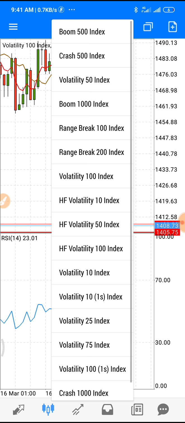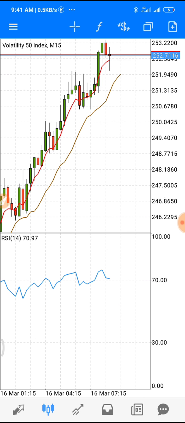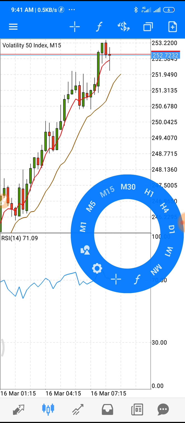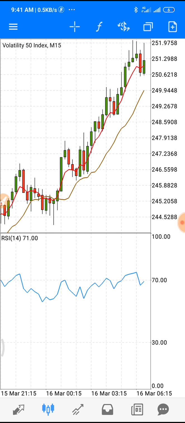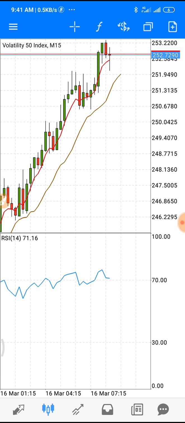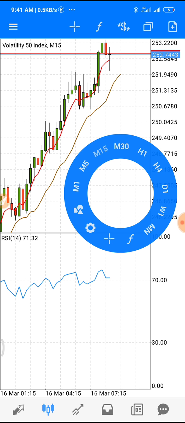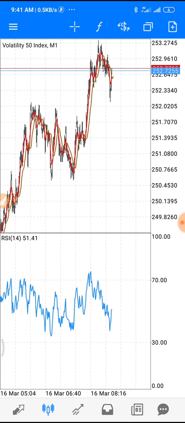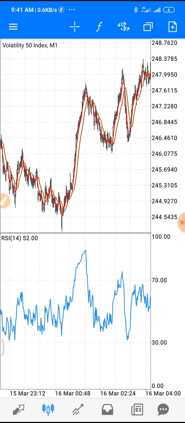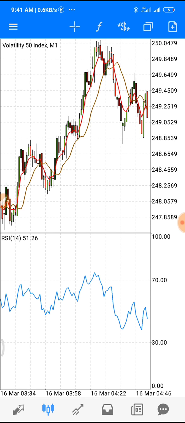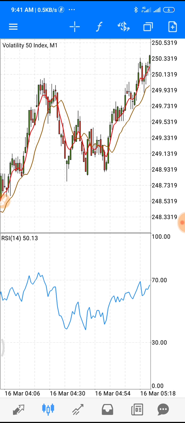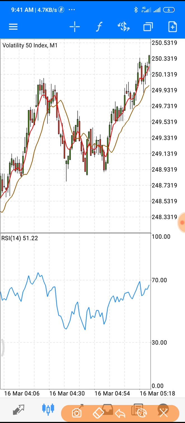So let's check volatility 50. Now I said volatility 50 is not on a strong uptrend on the 15 minutes time frame. So in this case, if you check the 1 minute time frame, you will see that it breaks that moving average 10 downward before continuation.